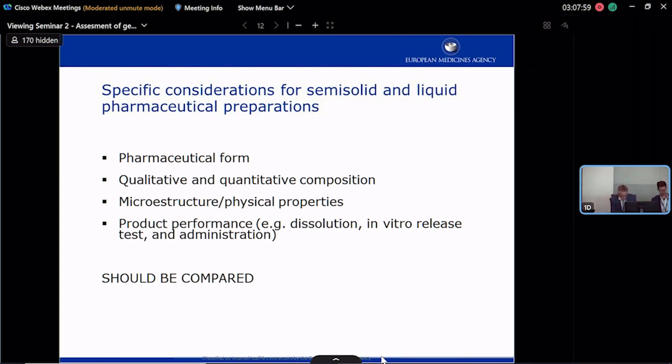There's a question online. Could you clarify what it means, qualified by use, for impurities in generic products? Jose: Yes, qualified by use is, as I mentioned, when another product has been used with this level of impurities and there has not been any problem, so they can compare with other products that have this level of impurities.